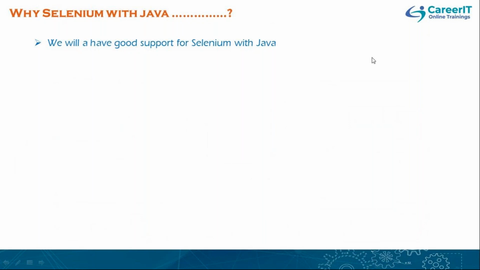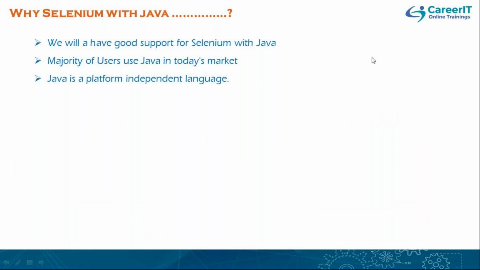Because most of the people in our market are using Selenium with Java. Whenever you get stuck somewhere, you will get a lot of support, guys. If you use Selenium with Java, you will get very good support on Google. Whenever you get stuck, you can post your questions and you will get a lot of responses. The majority of users use Java in today's market, and Java is a platform independent language. That is, you can run your Java code on any operating system.